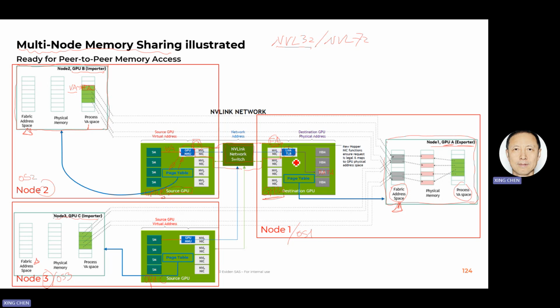Within this buffer, we can understand that we have this page table. This page table is stored within this translation buffer. So this unit is marked here: new Hopper NIC functions ensure request is legal and maps to GPU physical address space.